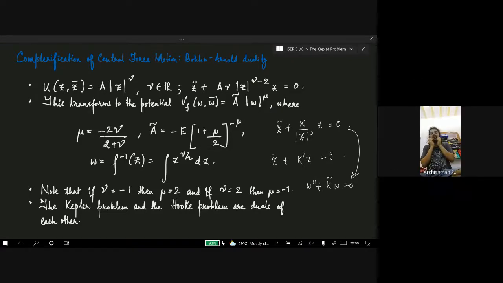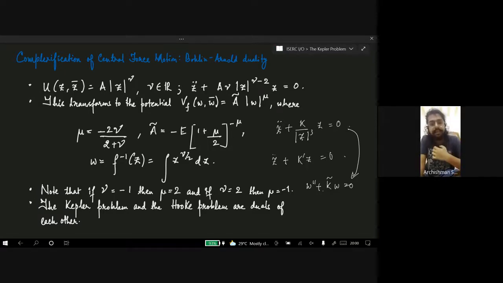Yeah, I think you have a question, Krishna. Yeah, I'm surprised that you are mapping a 1 by r cube potential to a linear potential. I am wondering that you are mapping a 1 by r cube potential, a power law potential, to a linear potential.